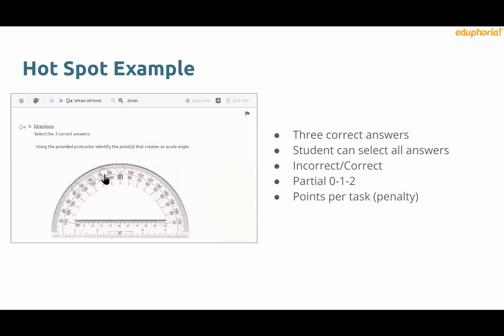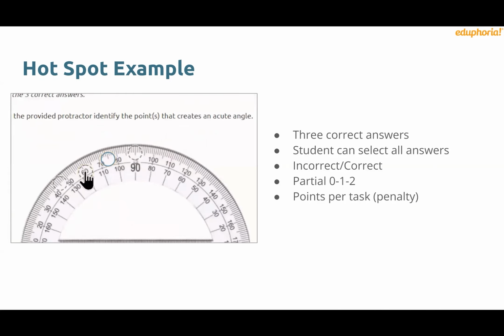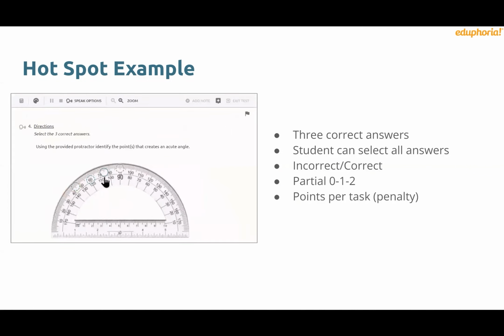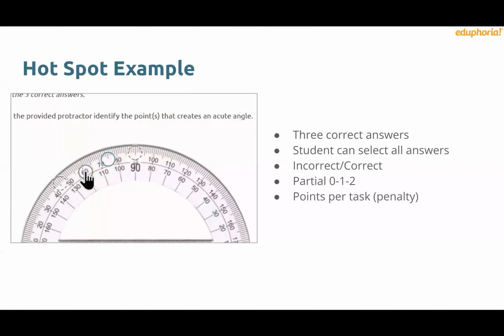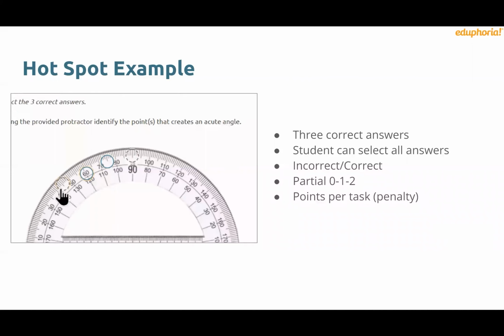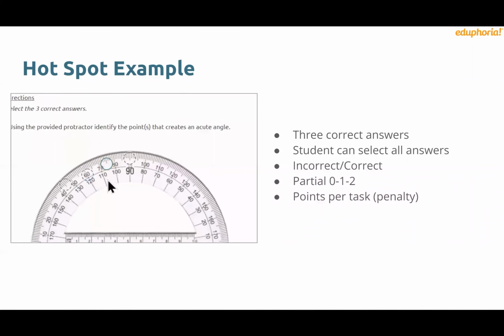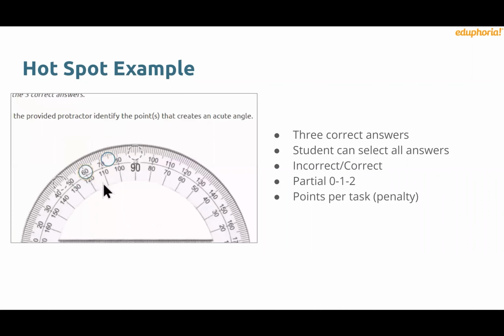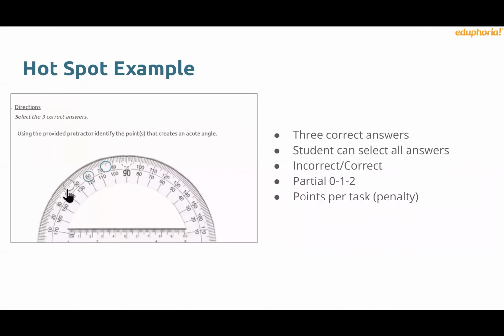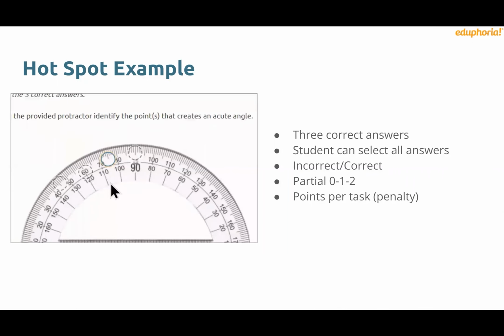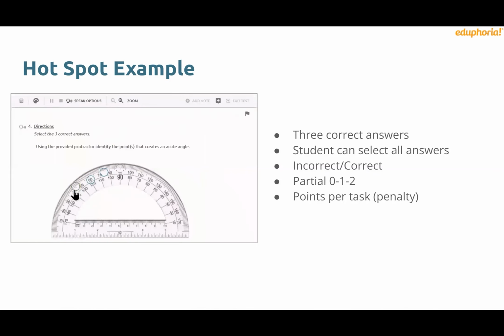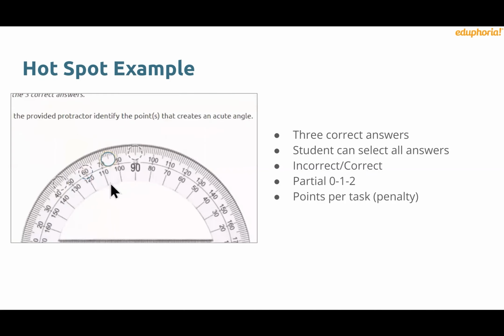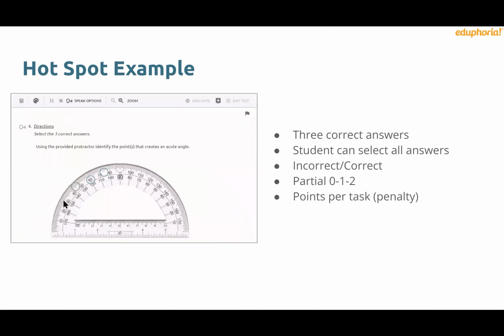And so if you chose incorrect or correct as the scoring method, then it would require the student to select all 3 of the correct answers in order to earn 1 point of credit. If, however, you did partial, a 0, 1, 2, then if they got all 3 correct, they would get 2 points. If they got any one of those 3 correct, they would get 1 point, and they would get 0 points for not getting any of those options correct.